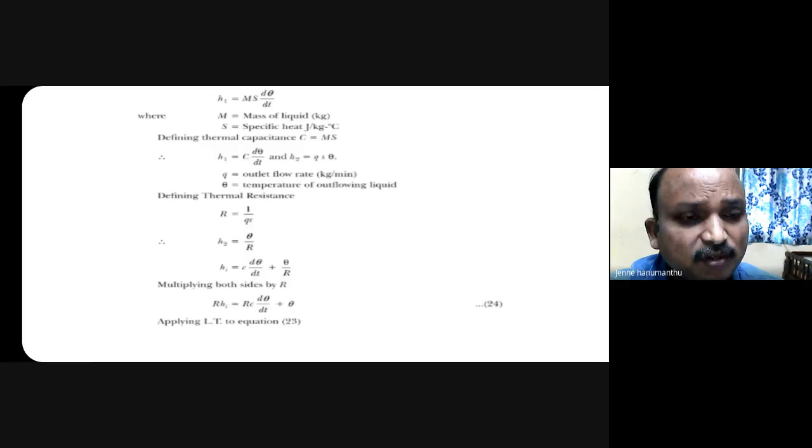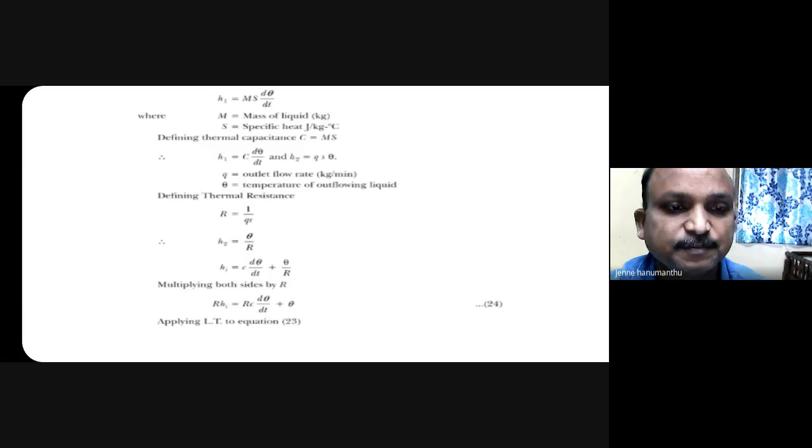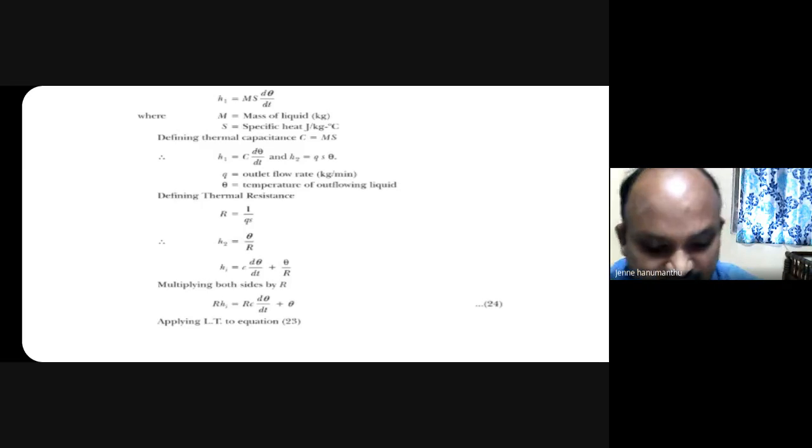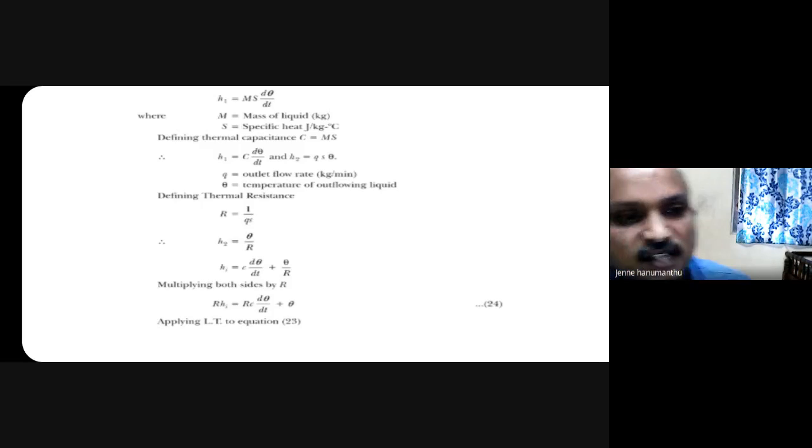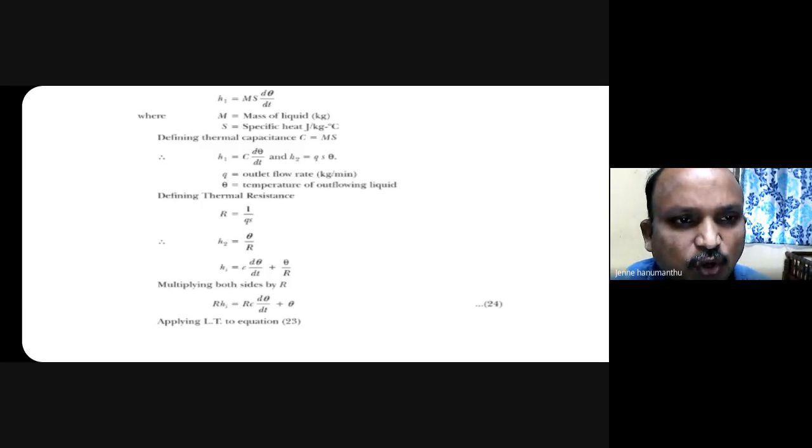And one more, S refers to specific heat. What is the specific heat of the heating element you have to consider? That is called the S value. H1 is from the inlet into the tank, and theta is considered at the outlet of the tank temperature.